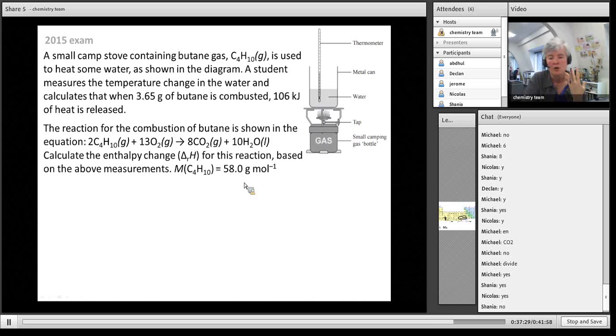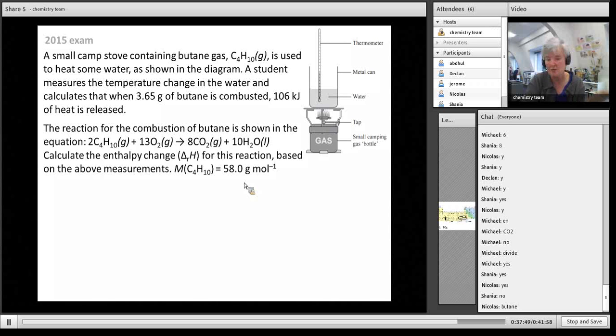So how many substances are we dealing with in this question that we have to calculate? Does anybody want to have a guess? Because it's always good when you start off by isolating what you are given. You're just given the butane.